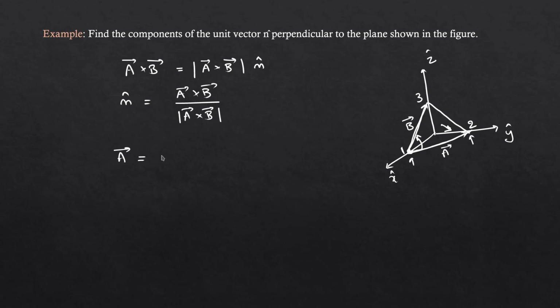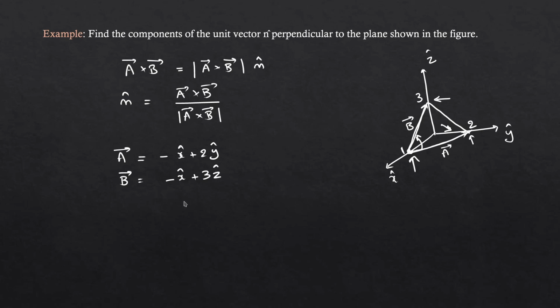So it will be minus x cap plus 2y cap. What is vector B? Vector B is formed by this point and this point. So we are going 1x in the negative direction and 3z in the positive direction. So it will be minus x cap plus 3z cap.